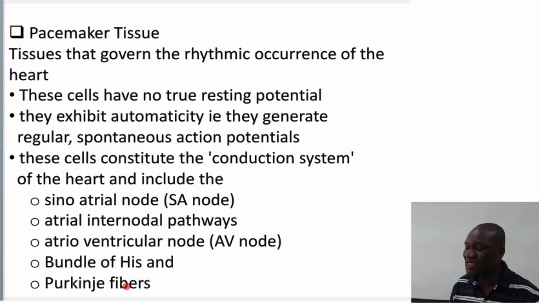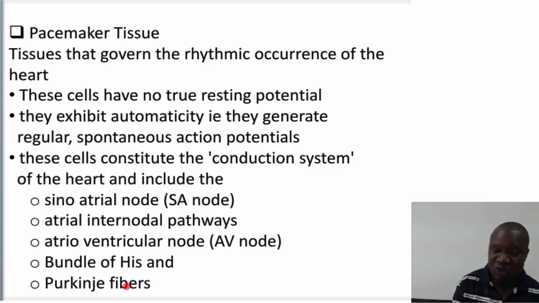Now, this conducting system would generate action potential spontaneously. They are automatic cells. They don't need to be stimulated to generate an action potential. They generate action potential on their own.